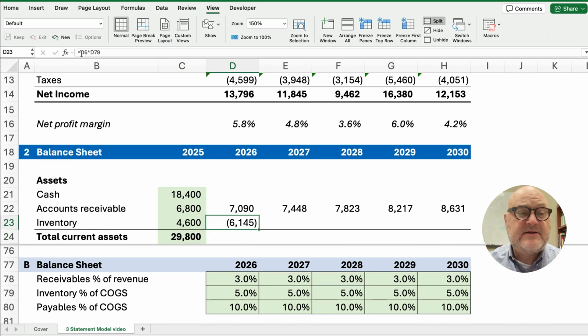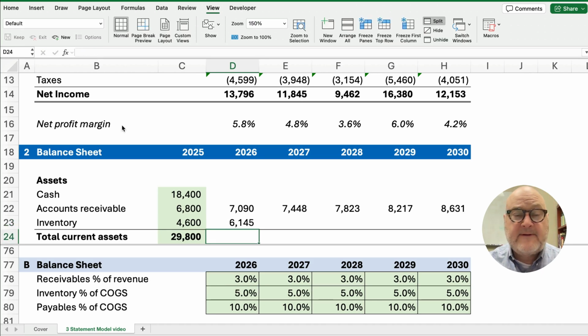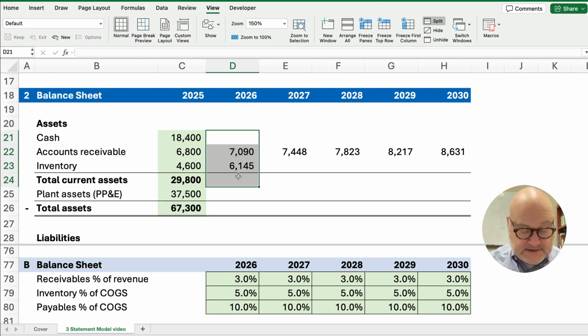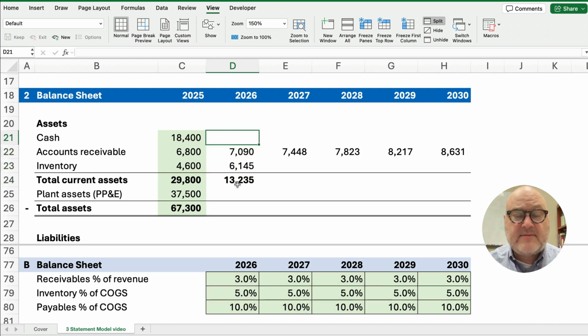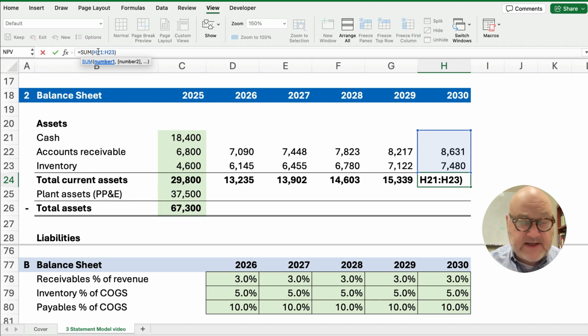We could change it. But let's make it a negative, so it makes it a positive. And our total current assets then will be the combination of all those numbers. We don't have the cash number yet, but so far we have this. We can copy these across, and the formula is going to include the cash when we get it.